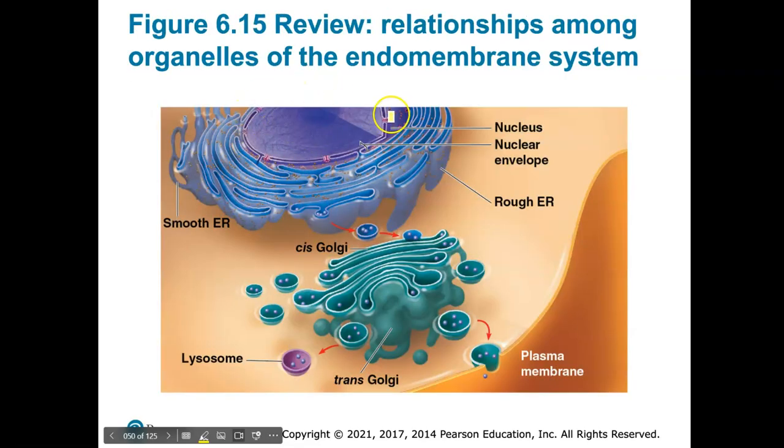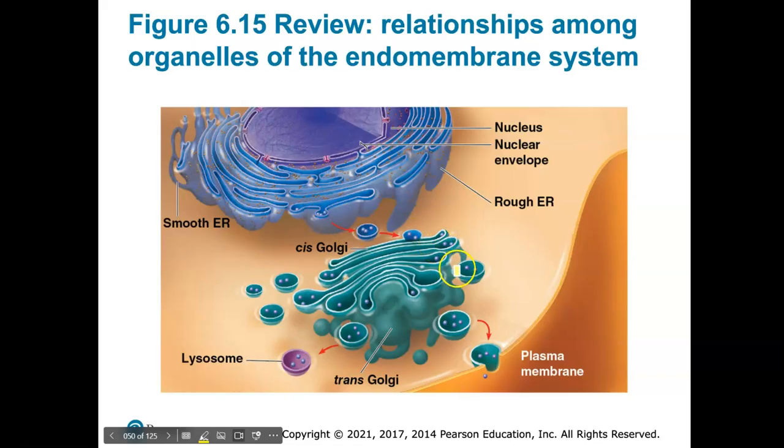You see the nuclear envelope, the rough ER attached to the nuclear envelope. The smooth ER is over here attached to the rough ER. Then you have the Golgi. The smooth ER produces lipid products, and the rough ER produces protein products, packages them into transport vesicles, sends them to the Golgi.